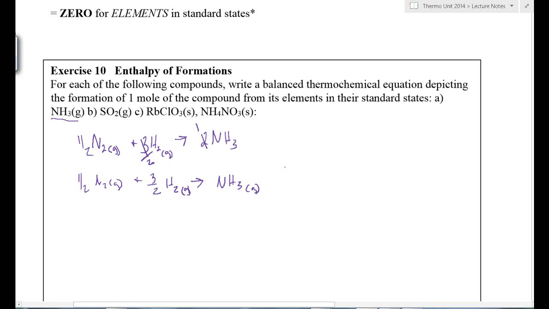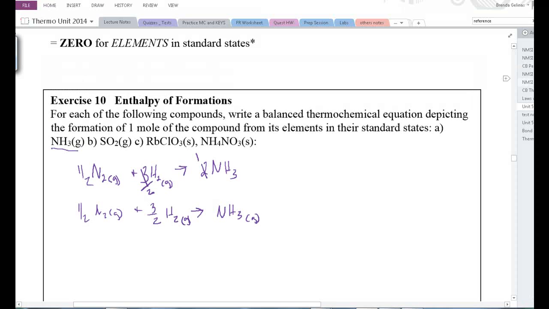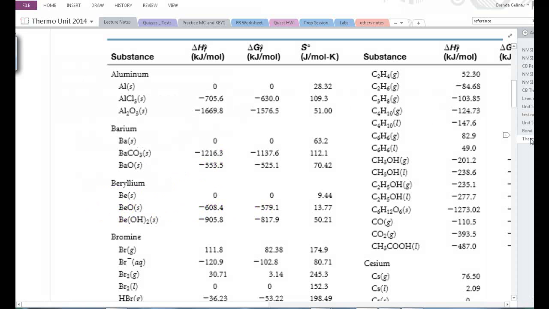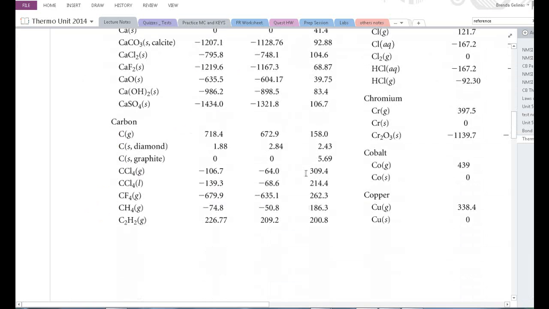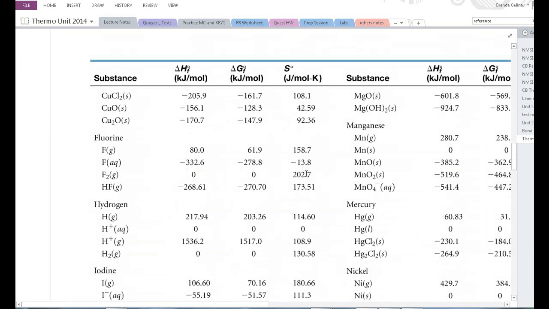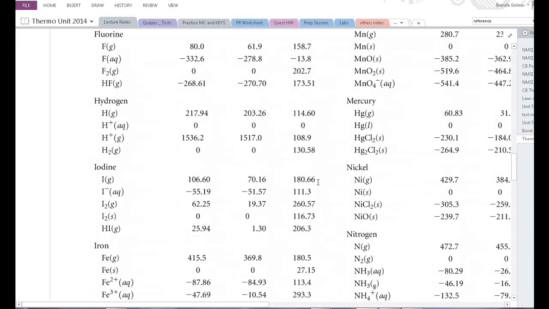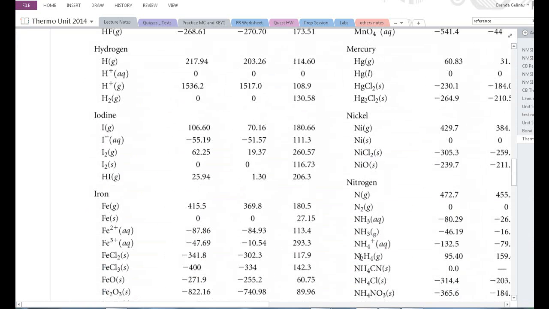And I can look up on the tables that I gave you, the thermodynamic data, and these are all in alphabetical order by the substance. There are 2 entries here. One is for ammonia as a gas, and one is for aqueous ammonia. So we want to use ammonia as a gas.